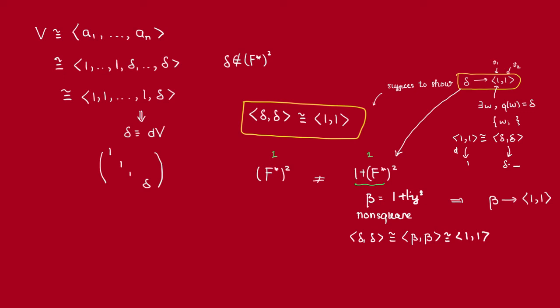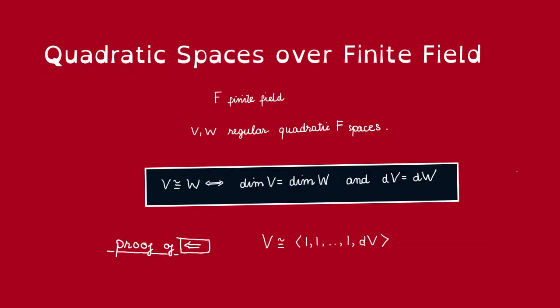So we see that every quadratic space over a finite field can be written in this form, ⟨1, ..., 1⟩ and then dV. So in particular, if W and V have the same dimension, then they have the same number of 1s here, and if they have the same discriminant, the last entry is the same, so they are going to be isometric. And thus quadratic spaces over a finite field are uniquely determined by their dimension and discriminant.